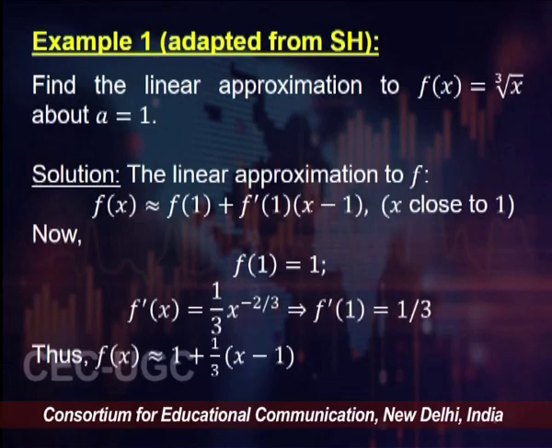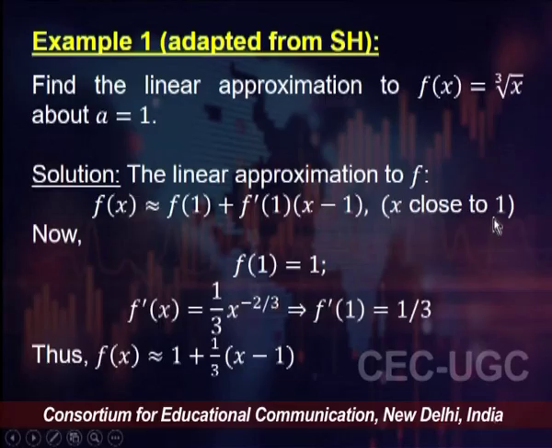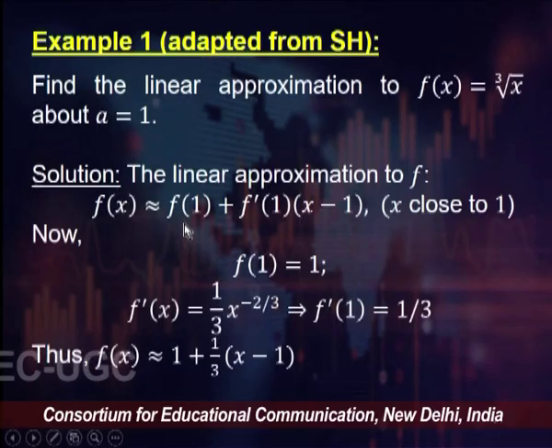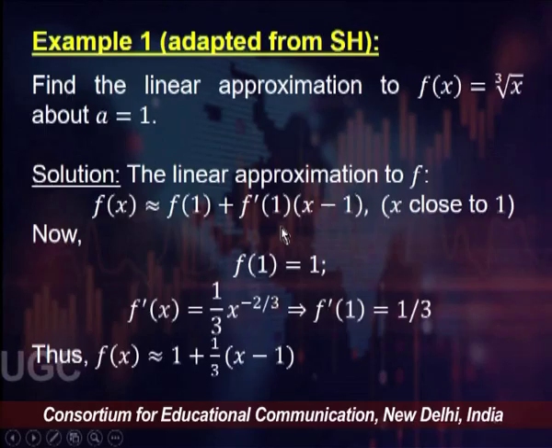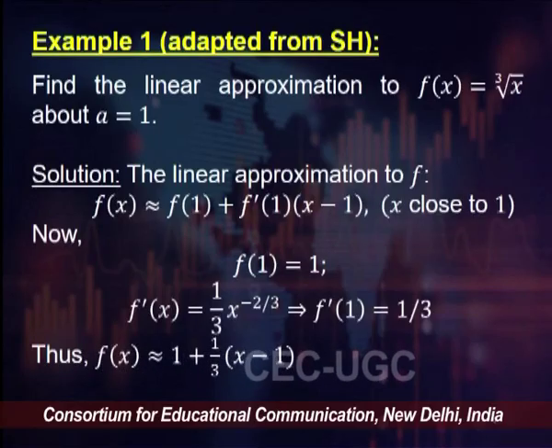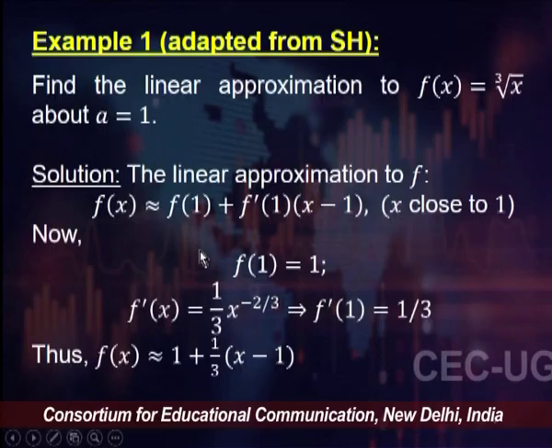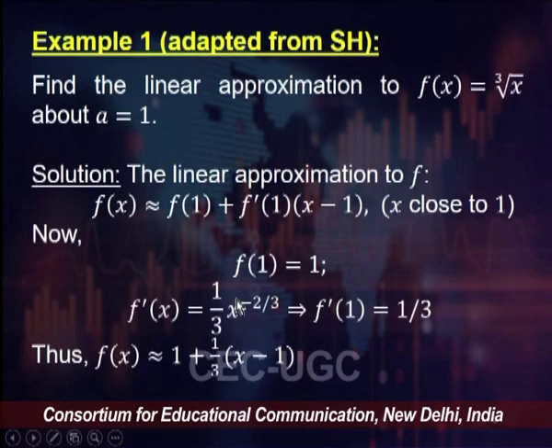As we have from the formula, for x close to 1, because you're taking the approximation around 1, the function f of x will be approximated by f of 1 plus f prime at 1 times x minus 1. I have simply taken the formula from the previous slides for the linear approximation, and the only difference is that instead of a, I have 1 because I am taking the approximation around x equal to 1.